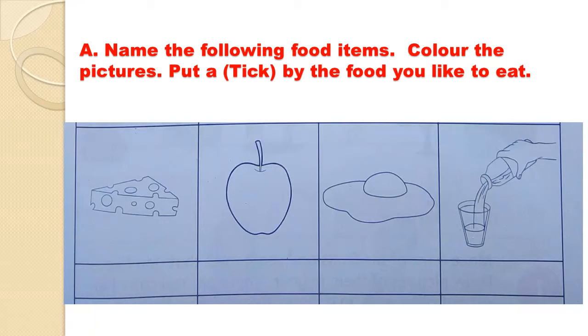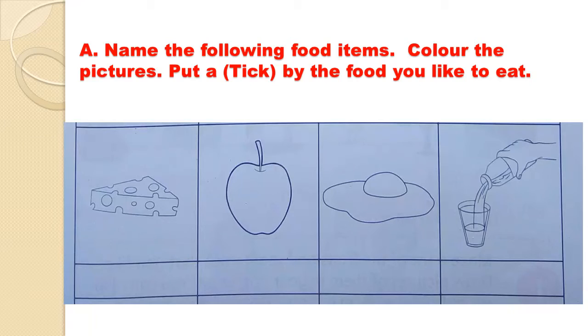And the color of egg is yellow. Good. And the next one is, what is this? Water? Is this water? No. This is milk. And the color of milk is white. Good.